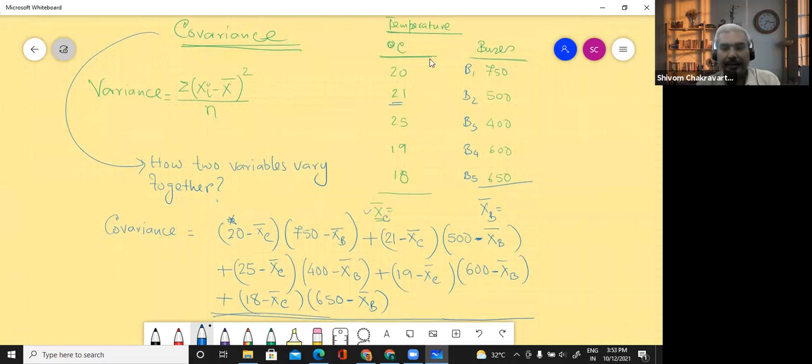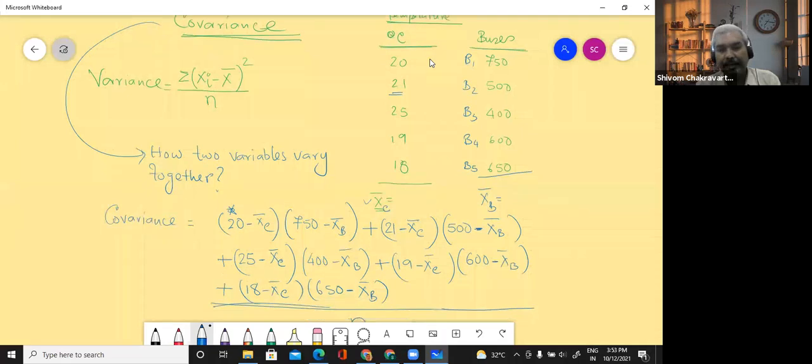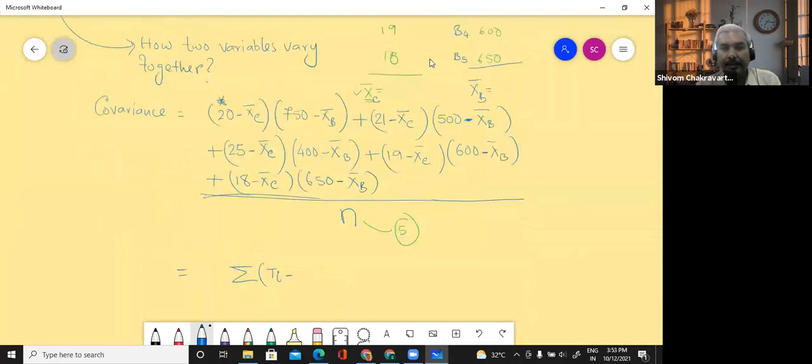In terms of notation, we can write the summation of T_i minus the mean temperature, multiplied by the number of buses minus its mean, each of these numbers taken one at a time, summation divided by n.